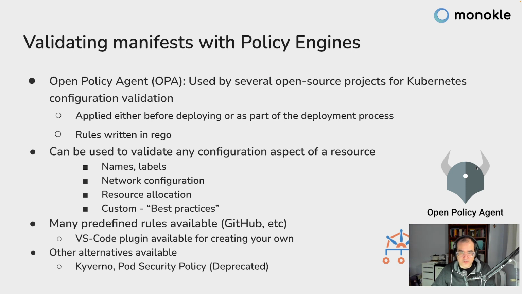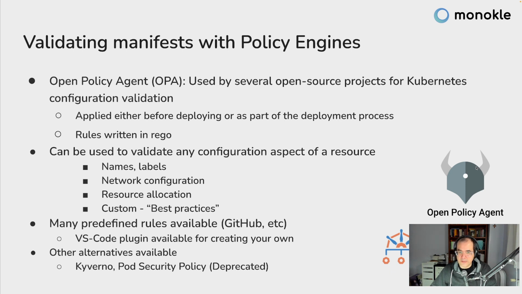One of the most used open source projects for this is Open Policy Agent, that allows you to define all those rules in a language called Rego, and then the Open Policy Agent will apply those rules as part of your deployment process. There are other alternatives. You have Kubernetes pod security policy that is deprecated. So there are a lot of projects that do something similar. But the good thing about OPA is that there are a lot of predefined rules available.